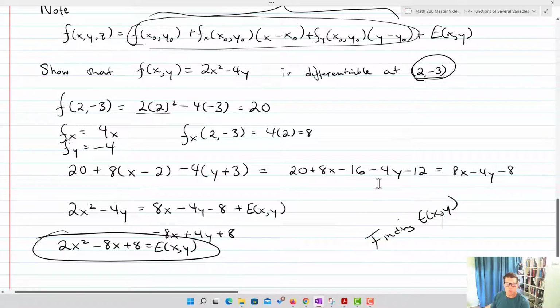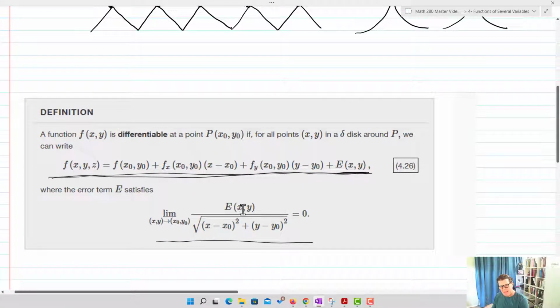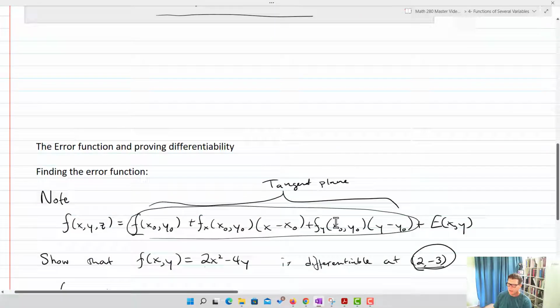Now remember, we'll scroll back up for just a second. In my differentiability, I have to have e of xy divided by the distance function of the distance from x and y, and we're going to have that limit. The limit as (x, y) approaches, in this case, (2, -3), has to end up equaling 0. So let's see what we get.